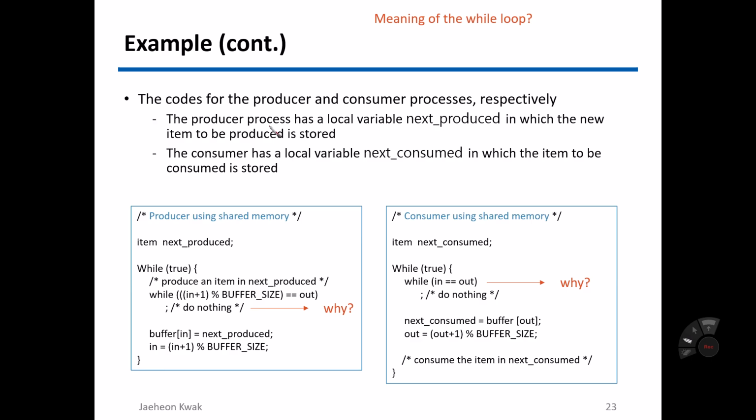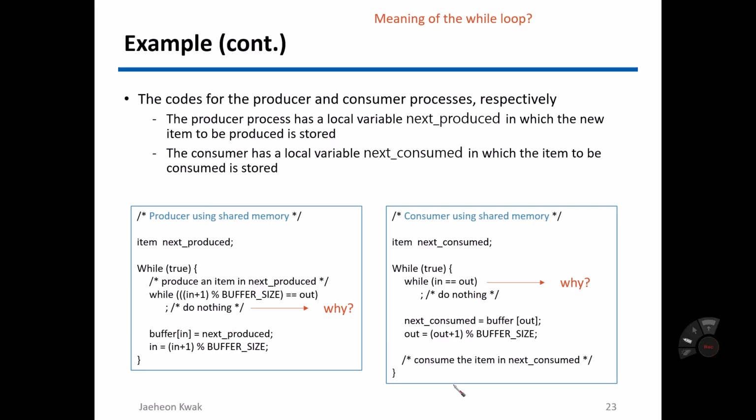So the producer will produce some data, and it will save the data into the buffer. So we have to add new data into the buffer, and we have to move the location of the in pointer. And the consumer will consume data, so we will take out one element from the buffer, and we will manage the location of the out.